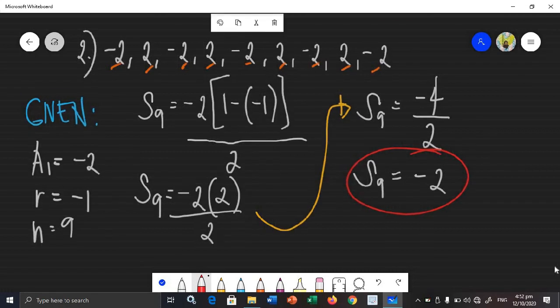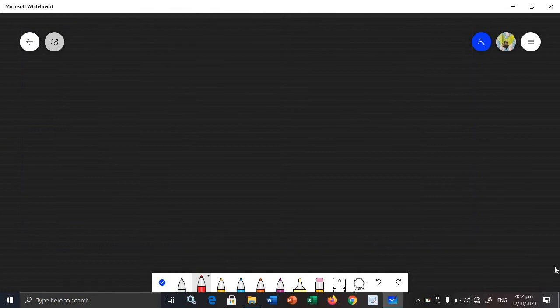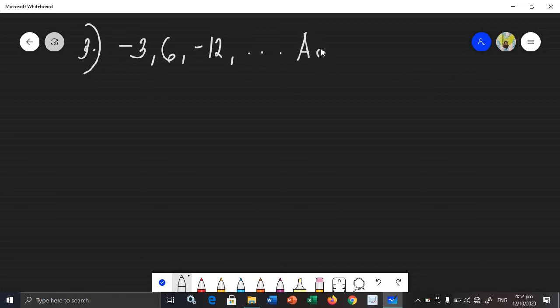So, next example number 3. Okay, ayan, minsan may mga ganito akong example na nakikita. Putol yung sequence. So, negative 3, and then 6, negative 12, and then we will find the sum up until the 8th term.